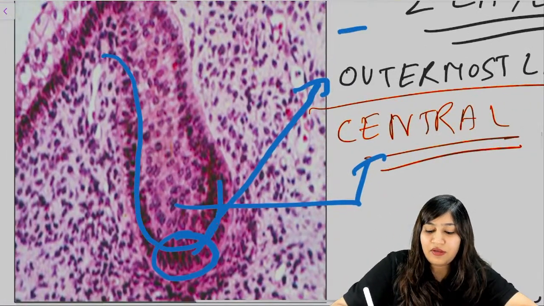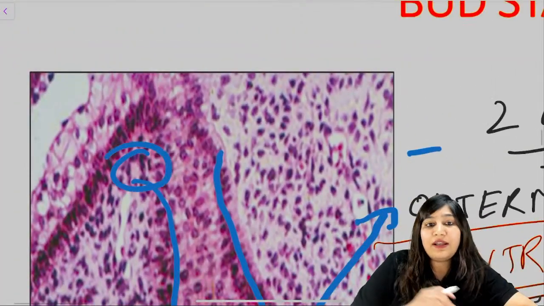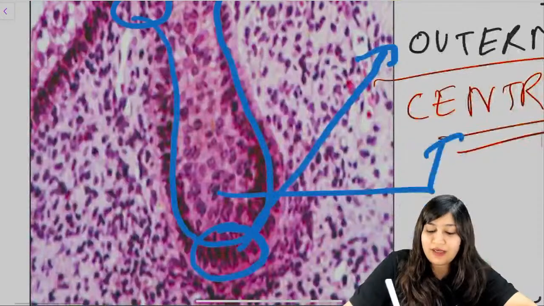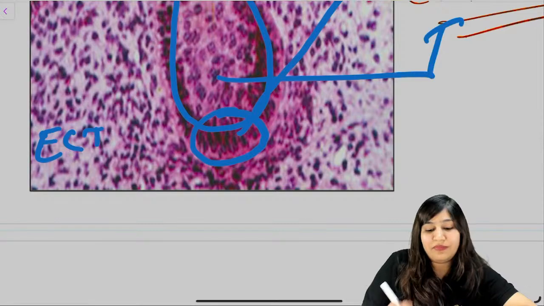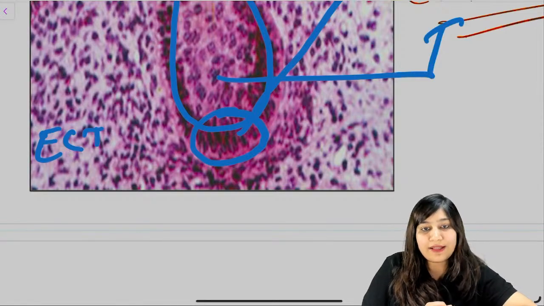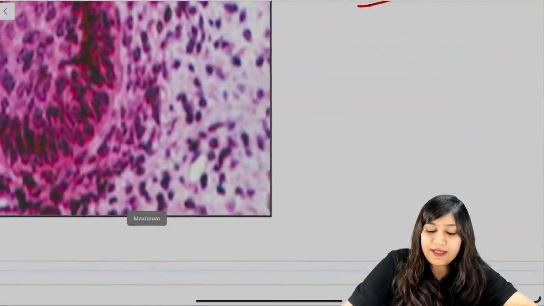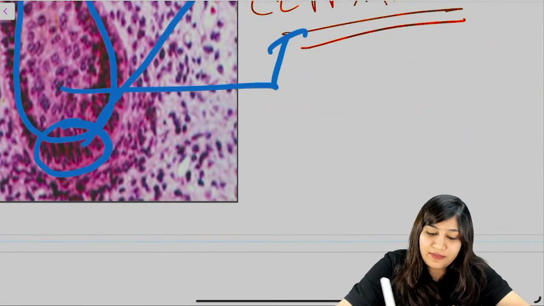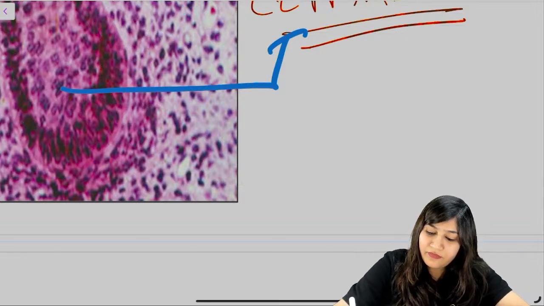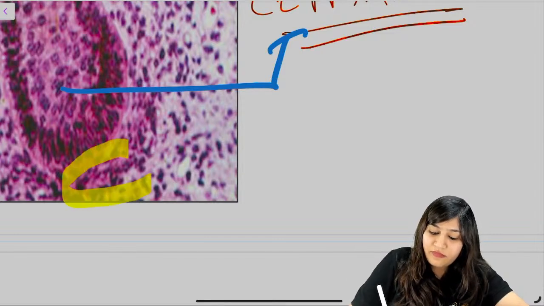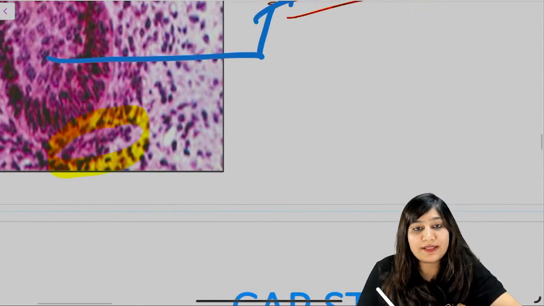Bird shaped enamel organ. This is our dental lamina, and the surrounding structure is our ectomesenchyme. Immediately adjacent to the enamel organ, we can easily appreciate the condensation of ectomesenchymal cells.